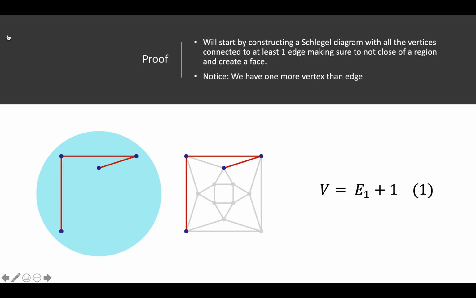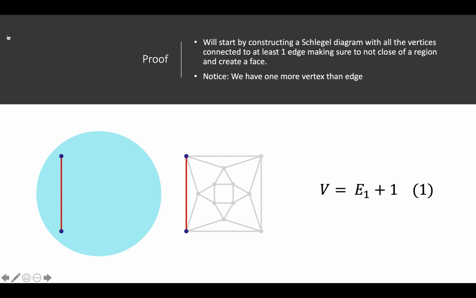We begin the proof by constructing a partial Schlegel diagram. We connect every vertex with an edge, but we make sure that while we're doing this, we don't enclose any regions, so we don't want to create any faces. You'll notice that the first edge we create has 2 vertices. Then after that, every edge comes with an additional vertex until we get to the end.